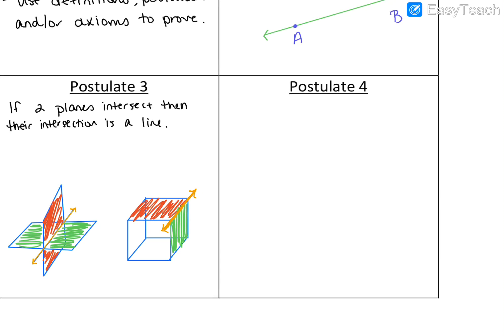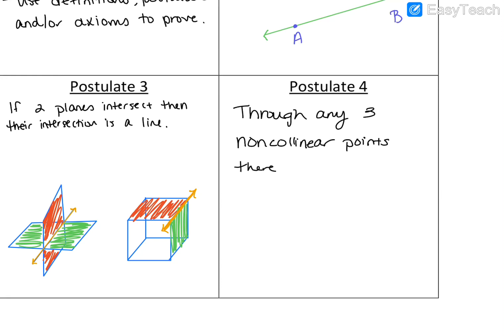So what this postulate says is, through any 3, and this is the key part here, through any 3 non-collinear points, there is a unique plane.